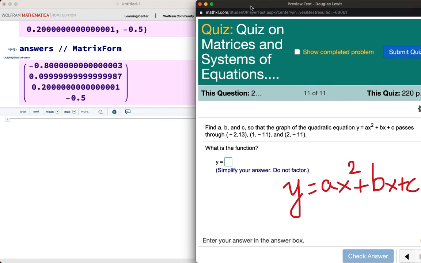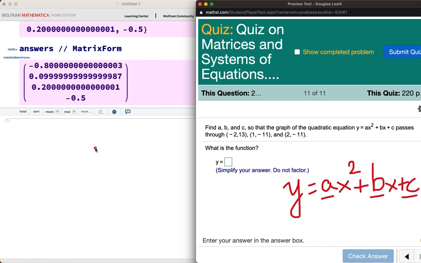In order to find a specific parabola, we need 3 points. Why? Because we have 3 parameters here: A, B, and C. We have 3 parameters, so we need 3 points in order to find a specific function.